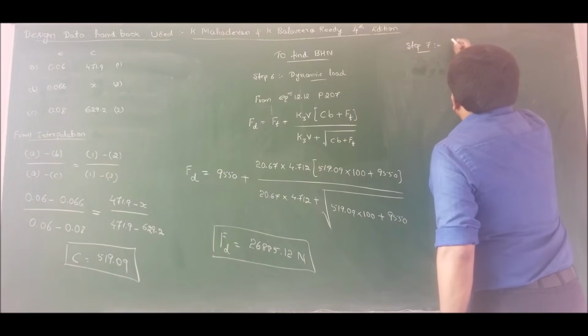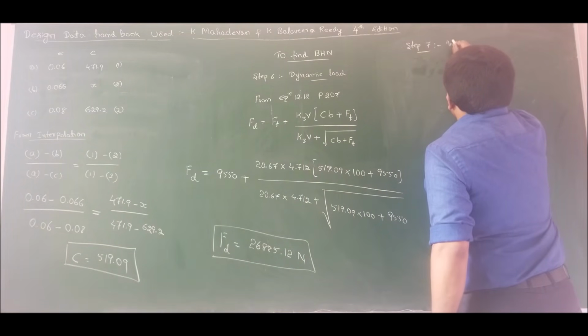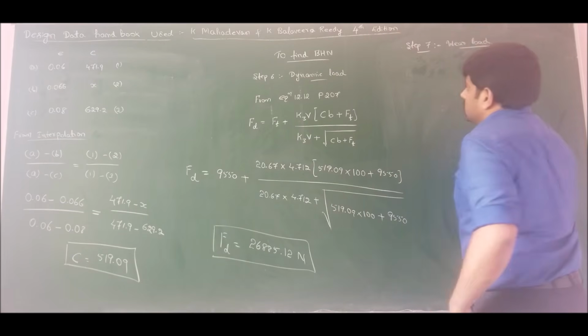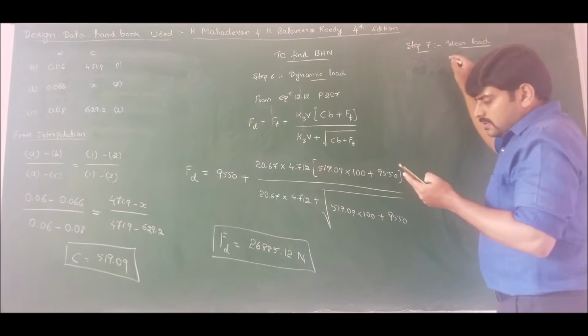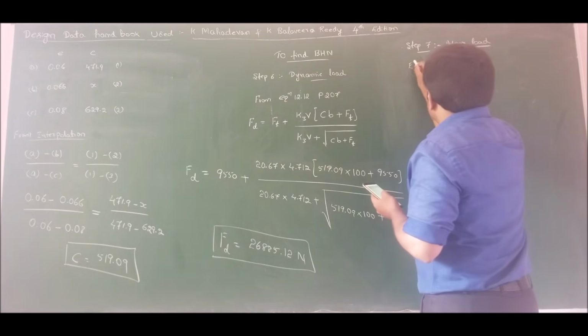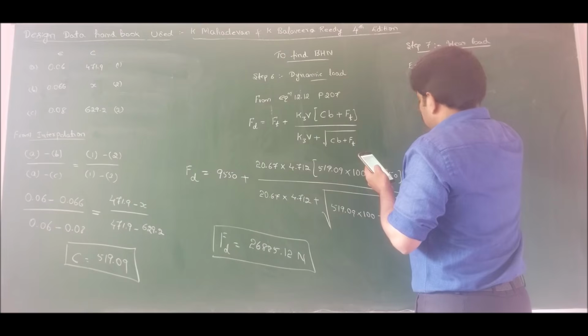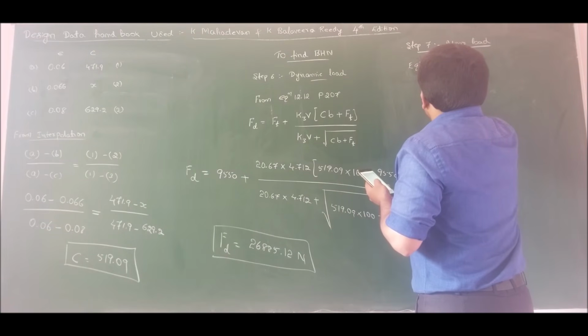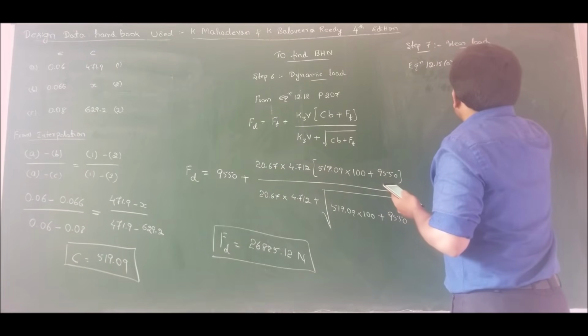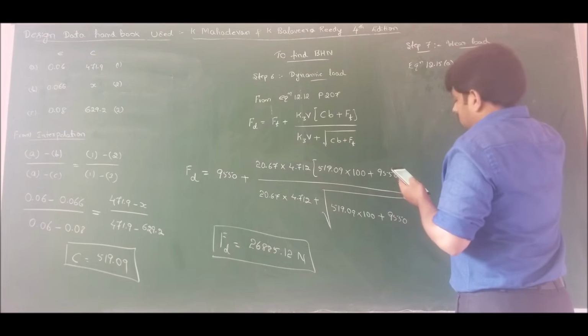Moving on to step 7, to find the BHN. The equation for wear load is given by equation 12.15a, page number 208.